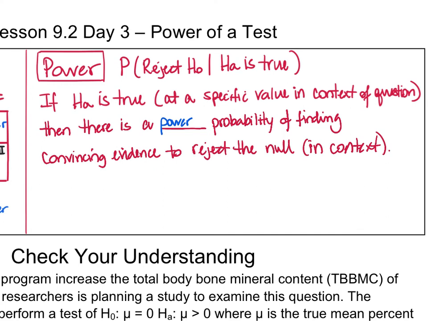And just as a reminder, once again, if we want to increase the power of the problem, there are three things that we can do. One of them is to increase the sample size. Another one is to increase alpha.